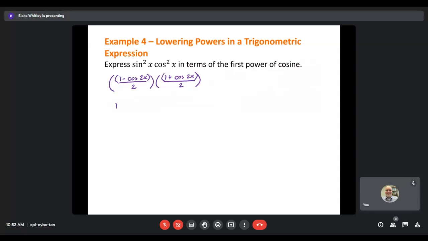My outer and inner terms here are opposites. They're going to cancel out. And then we have a negative cosine 2x and a positive cosine 2x. So that's minus cosine squared 2x. And then if I multiply my denominators together, 2 times 2 is just going to give us 4.